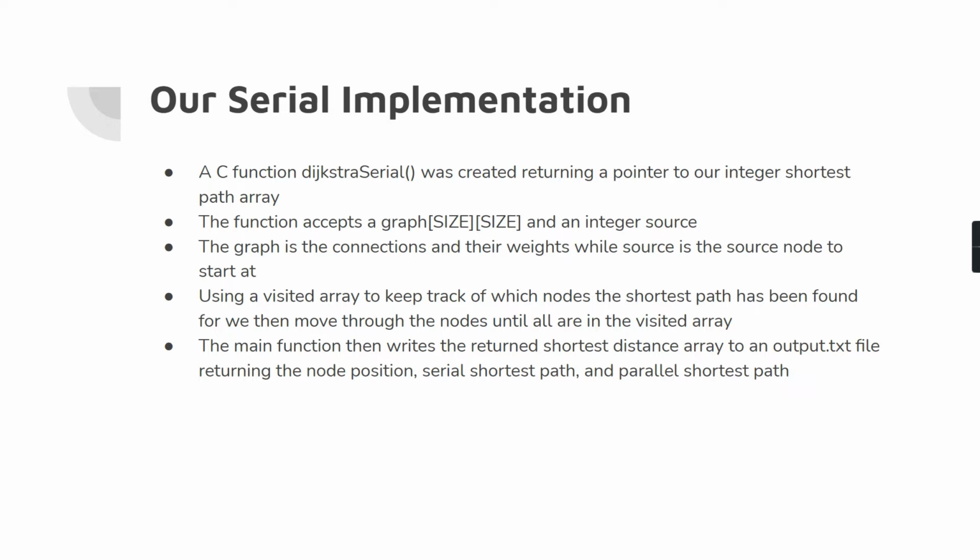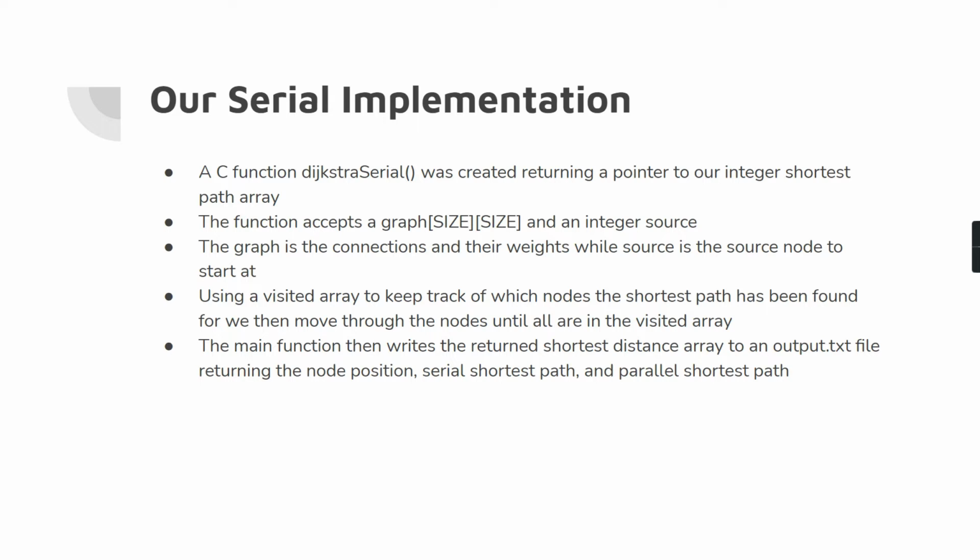And this graph would have all the connections and their weights to each other node. And we would use a visited array to keep track of which nodes had been visited or had not been visited, so that we would be able to implement the algorithm.